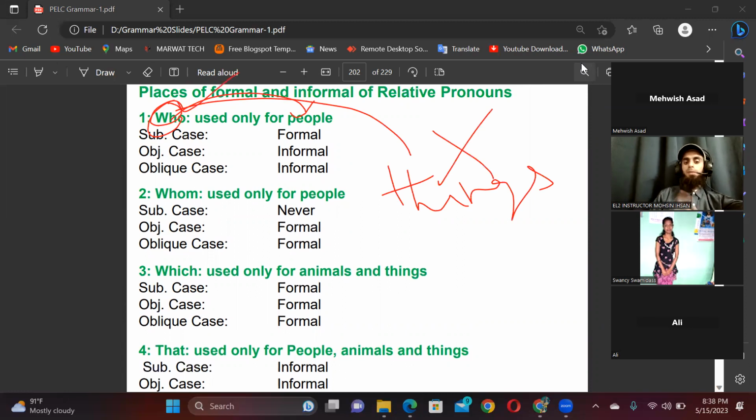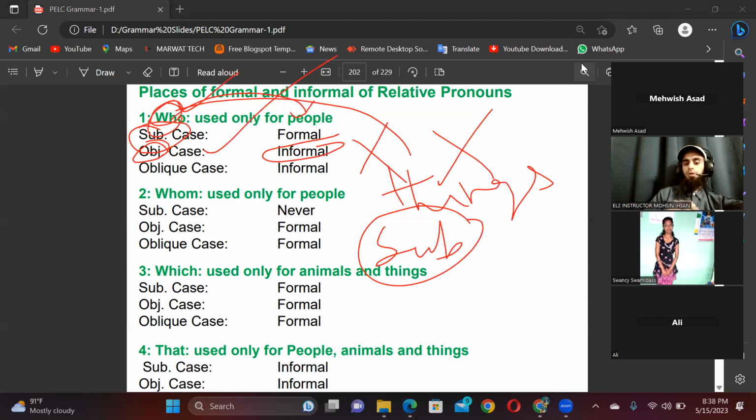Who is only used for people, and it can be used in the position of subject, the first position in the sentence. Can who be used at the end? Yes, it is possible, but it would be considered informal. In the oblique case, it is also informal as a complement, if you can understand, right? At the end again.